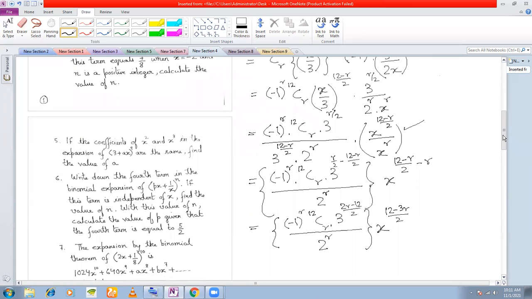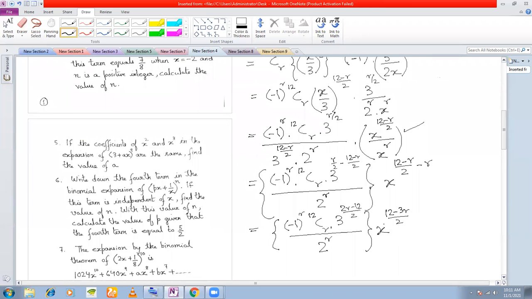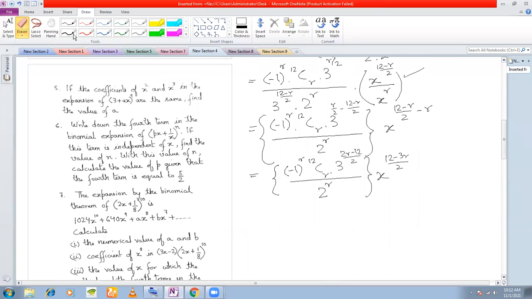Okay, so we have, after a lot of hard work, we have been able to separate x from all the others. Okay, this is called the coefficient of x to the power of 12 minus 3r by 2, right? So if this term is independent of x, that means the power of x here must be 0. That is, this term must be equal to 1, right?